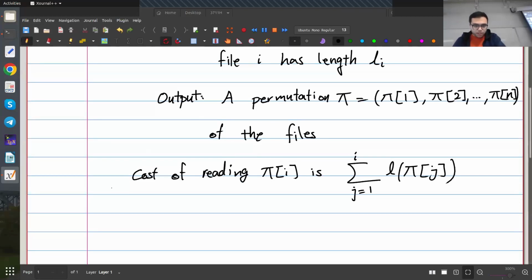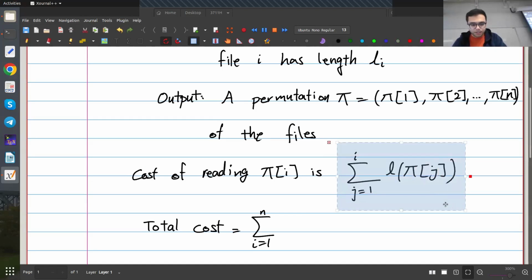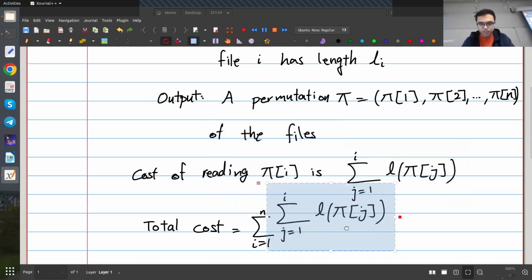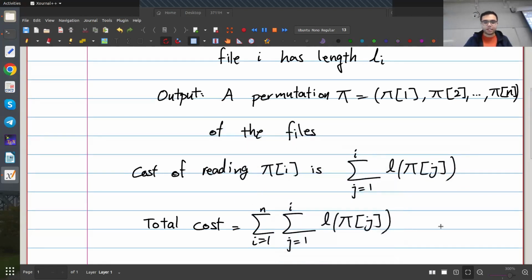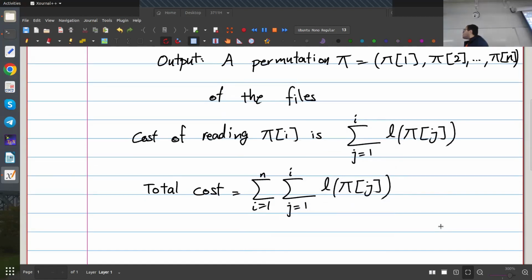Now, my total cost would basically be the sum of all of these. So it would be the sum for every i from 1 to n of this same cost. So I want to minimize this total cost. Basically I'm reading each one of my files once.